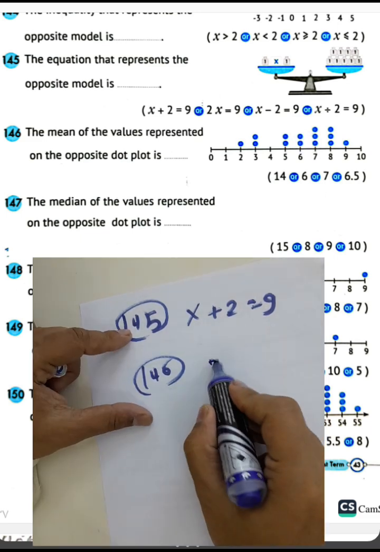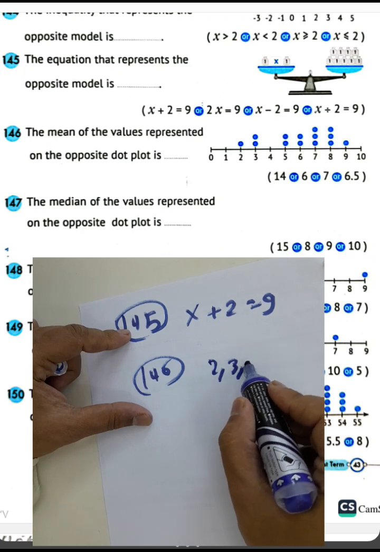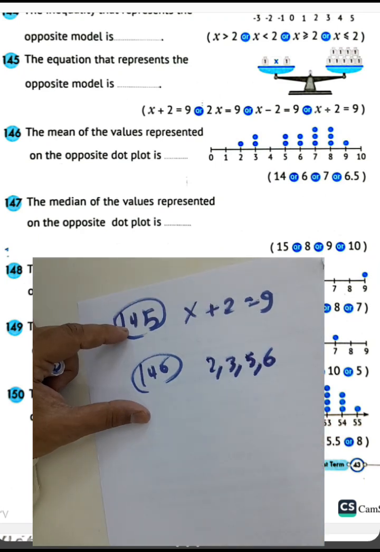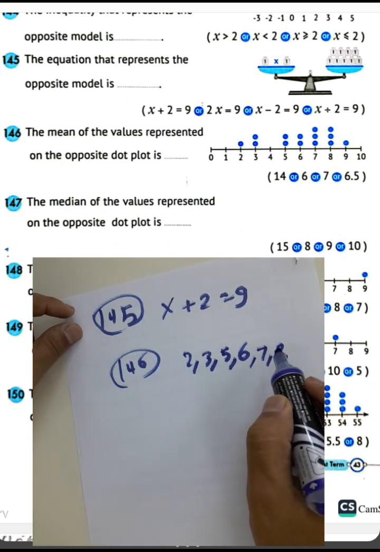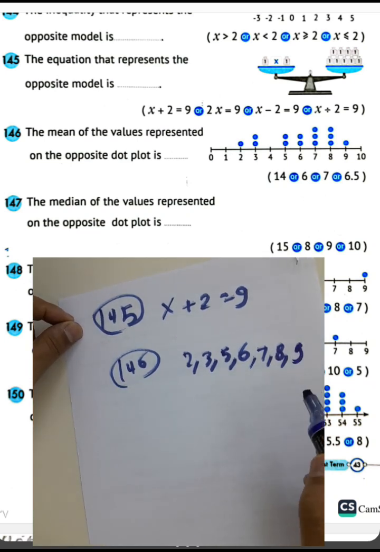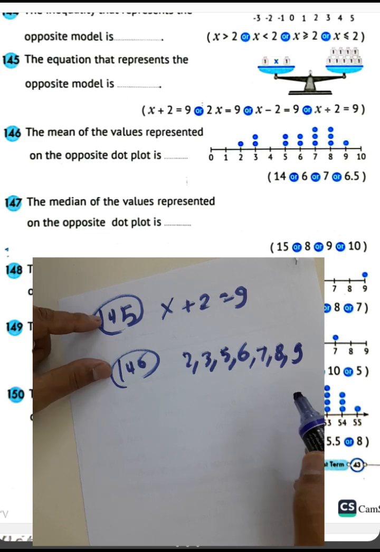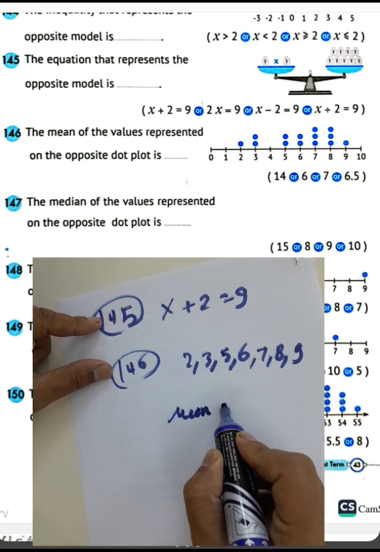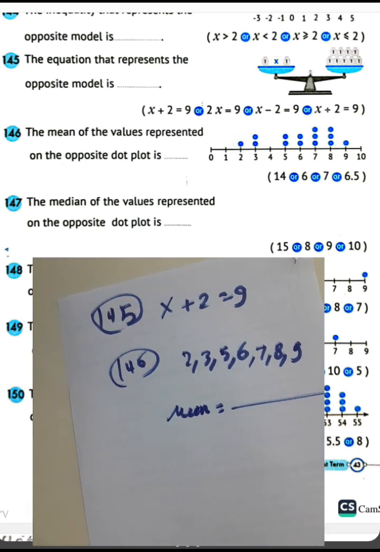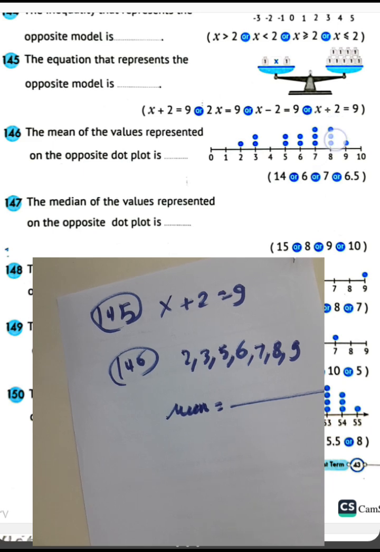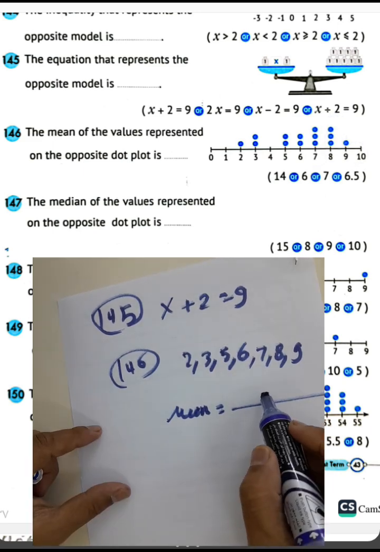We have 2, 3, 5, 6, 7, 8 and 9. The mean equals the sum of numbers divided by the number of them. We have 1, 2, 3, 4, 5, 6, 7, 8, 9, 10, 11, 12, 13, 14.